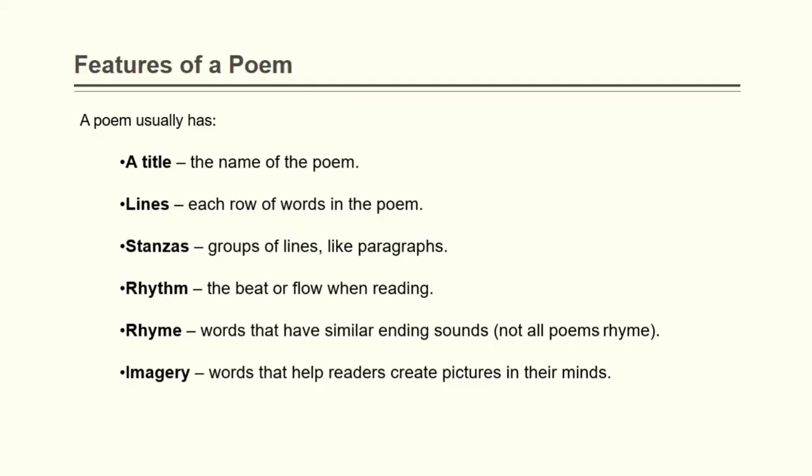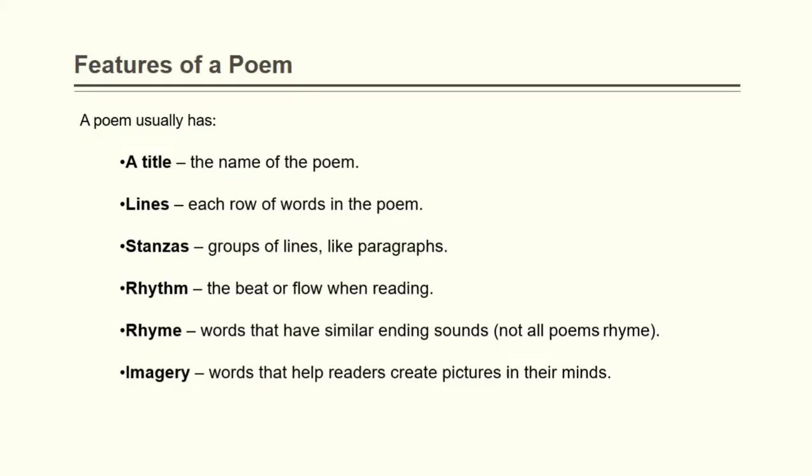It also has what we call lines. That is each row of the words that is written in the poem. It also has stanzas, and a stanza refers to the group of lines just like we have in paragraphs. It also has rhythm, which is the beat or flow when you are reading the poem.